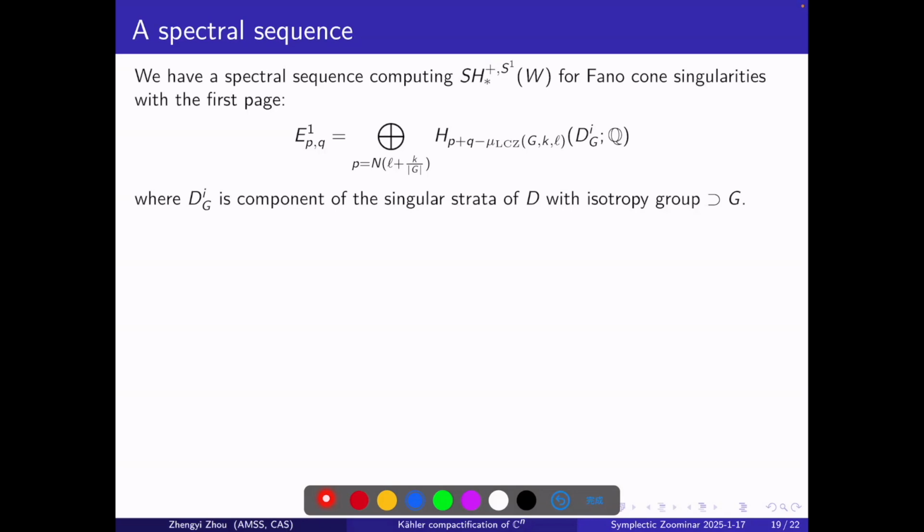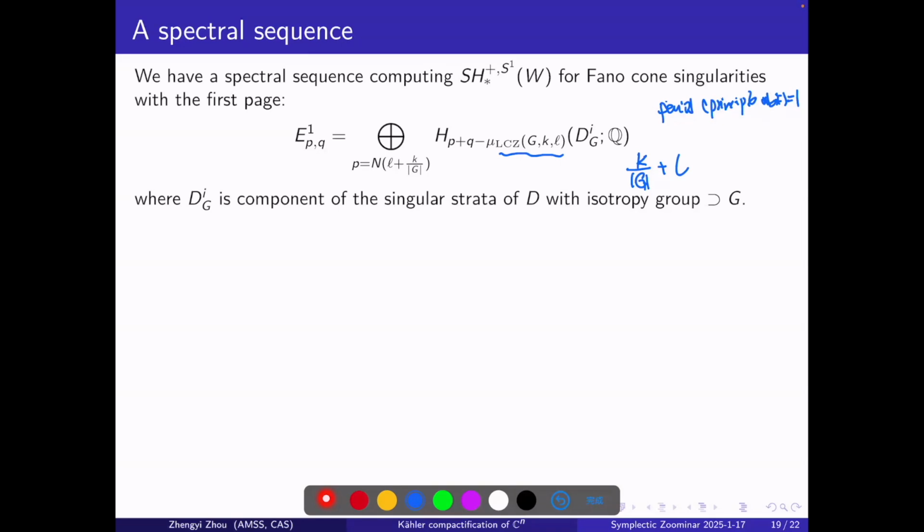And the Morse-Bott families here correspond to the Reeb orbits, where if I say the period of a principal orbit is 1, then what I mean by this G,K,L is corresponding to the Reeb orbit with period K divided by G plus L. So it's this orbit coming from the isotropy group of order G, but you go around K times, followed by L times the principal orbit. And these are all the Reeb orbit families.